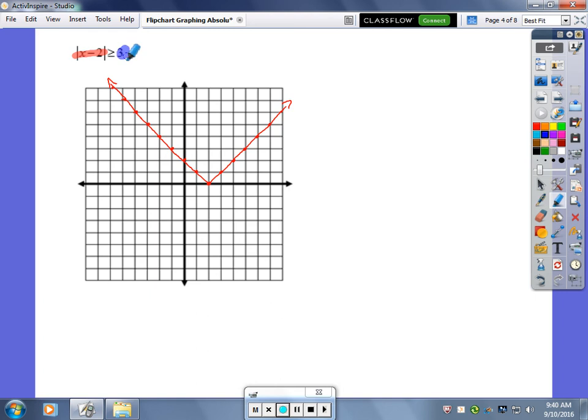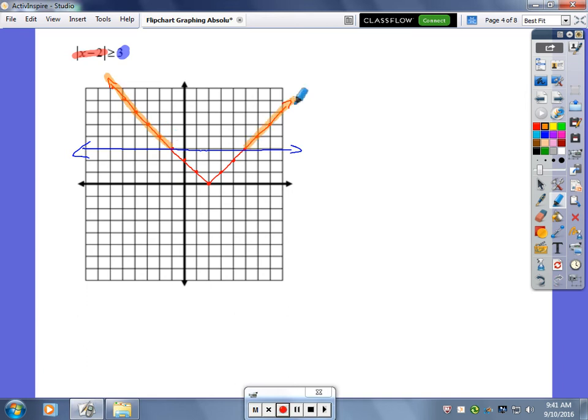Let's look at our right side. 3, in other words, just the constant, the horizontal line crossing the y-axis at 3. Now this is an inequality, and it said that the red portion has to be greater or equal to 3. So let's mark the parts where the red portion is actually greater or equal to 3.